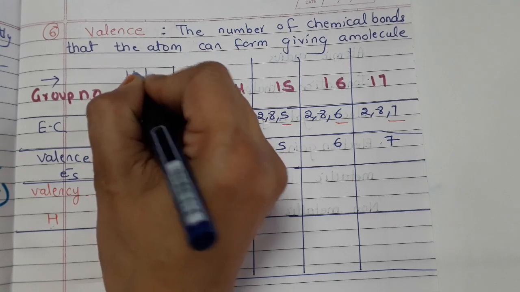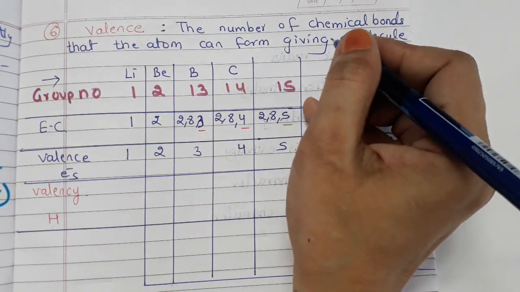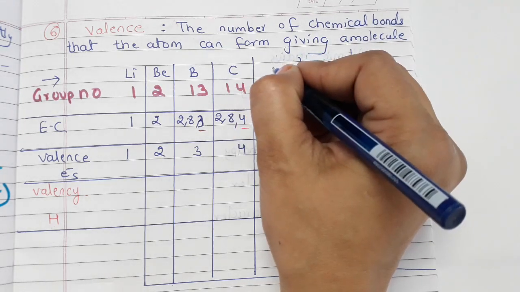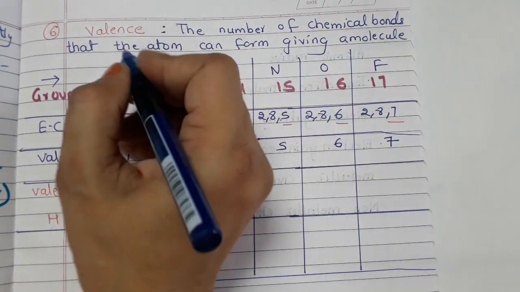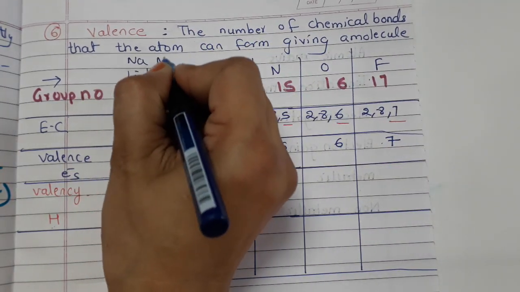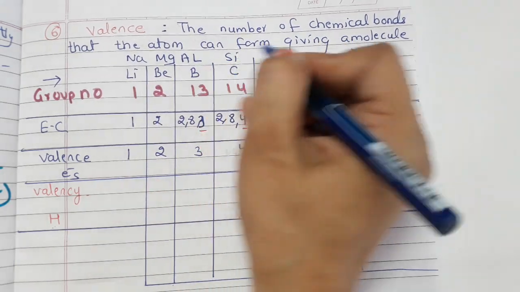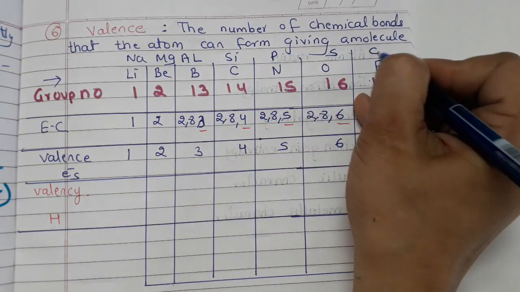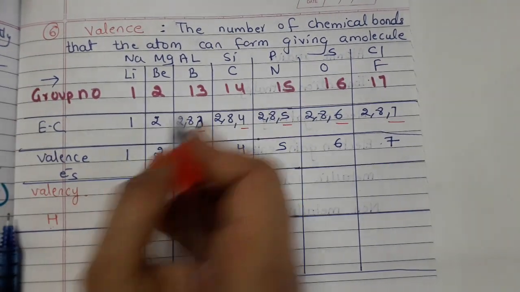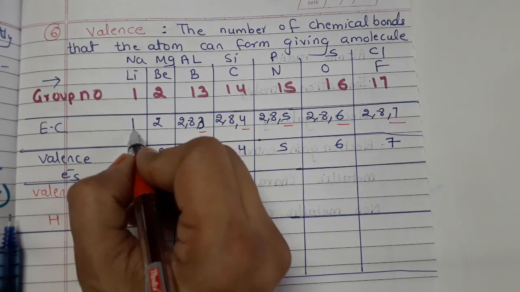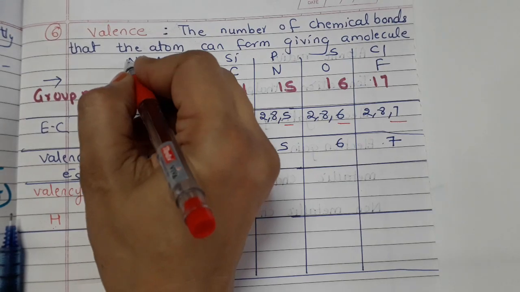So this is lithium, this is beryllium, this is boron, carbon, then after carbon we have nitrogen, then oxygen, then fluorine. Or you can remember sodium, magnesium, aluminium, silicon, phosphorus, sulfur and chlorine. Now, because I have written the electronic configuration in this way, it is better that I take the example of sodium.